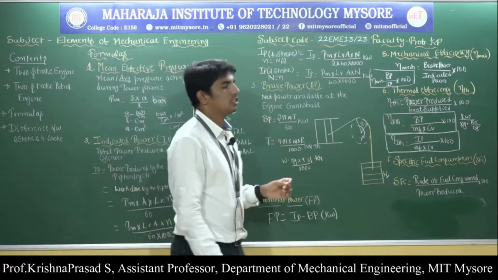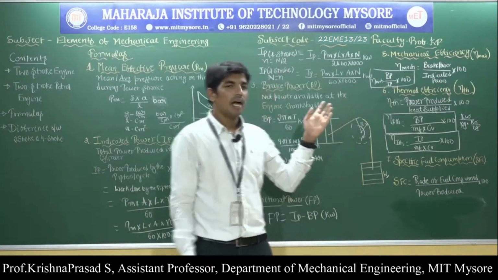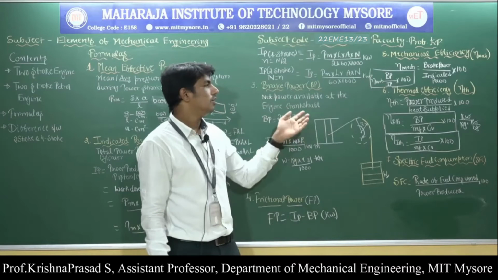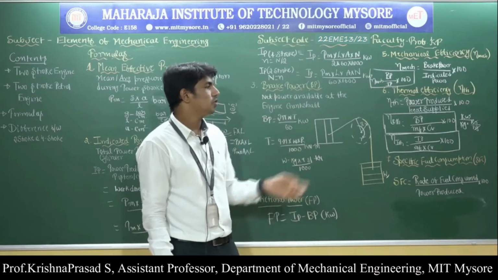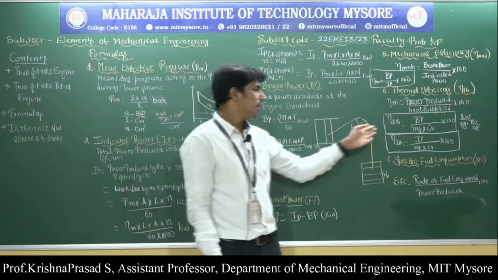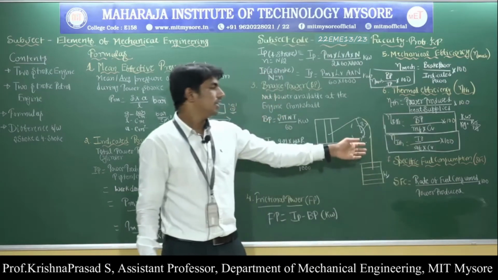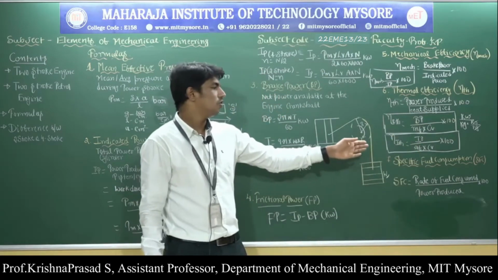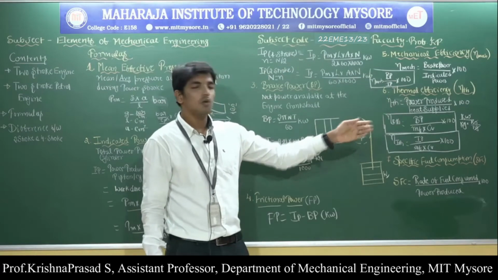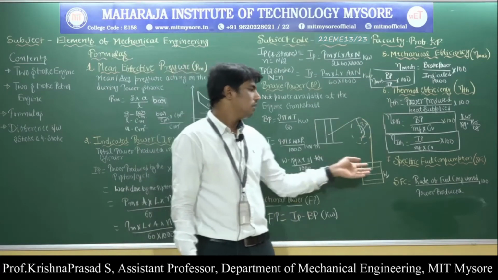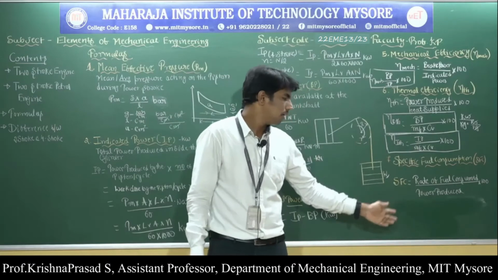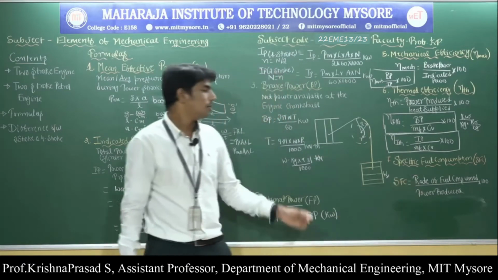Then mechanical efficiency is BP by IP into 100. Then thermal efficiency is nothing but power produced by heat supplied. For brake thermal efficiency, BP by MF into CV into 100, and for indicated thermal efficiency, IP by MF into CV into 100. Last one, specific fuel consumption, is nothing but the rate of fuel consumed divided by power produced.